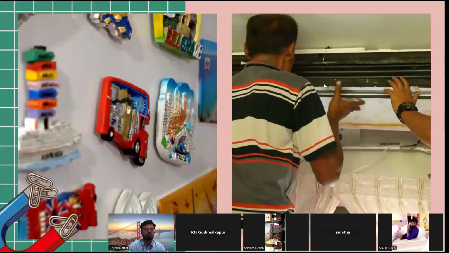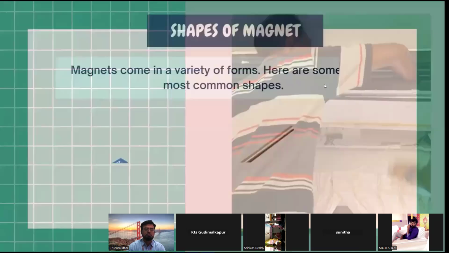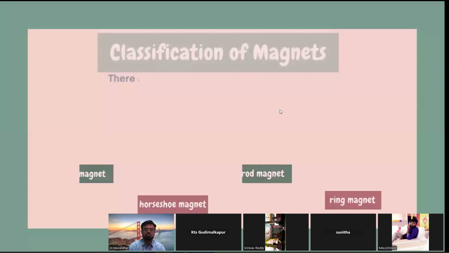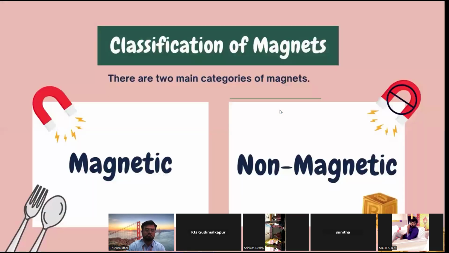And now, let's explore the various shapes of magnets. Magnets come in different forms. Here are some of the most common ones: bar, horseshoe, rod, and ring-shaped magnets. Magnets can be classified into two main categories: magnetic and non-magnetic materials.